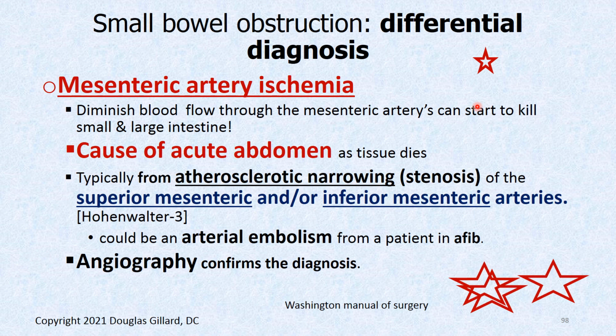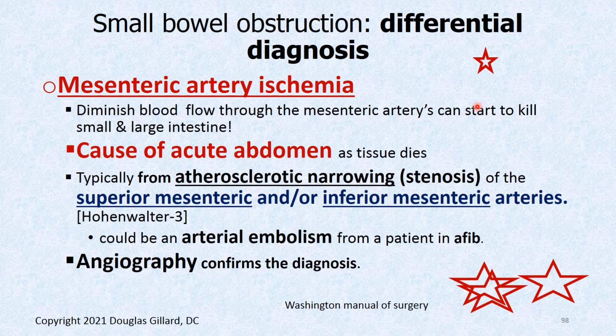All that tissue would start to become ischemic, and so that would be horribly painful, and it can simulate this small bowel obstruction. Definitely a cause of acute abdomen, mesenteric artery, whether it be superior or inferior. Number one thing to do that is probably an arterial clot in somebody who has atrial fibrillation. But a tumor growing into that could pinch that off as well.